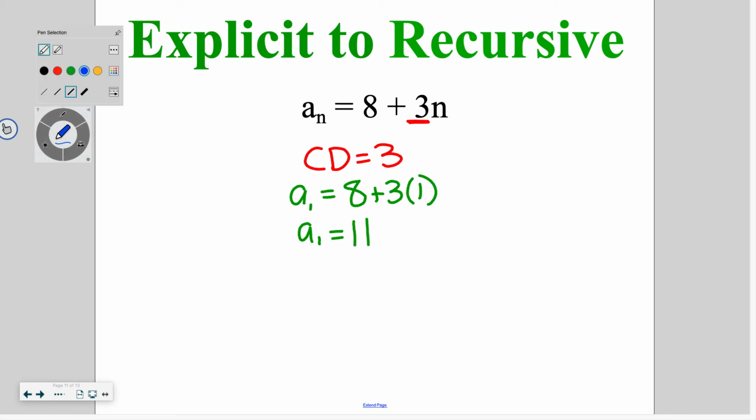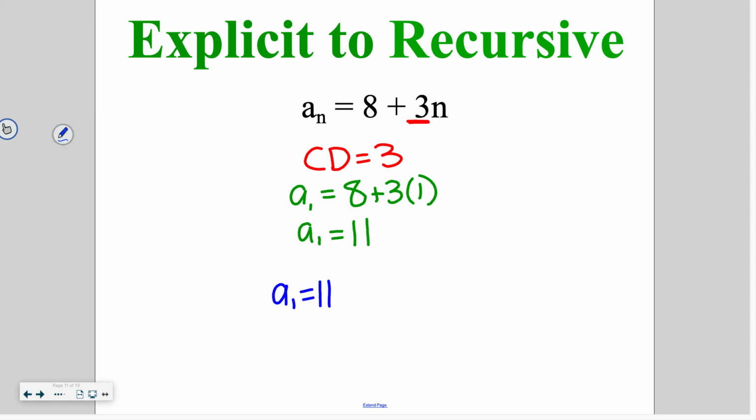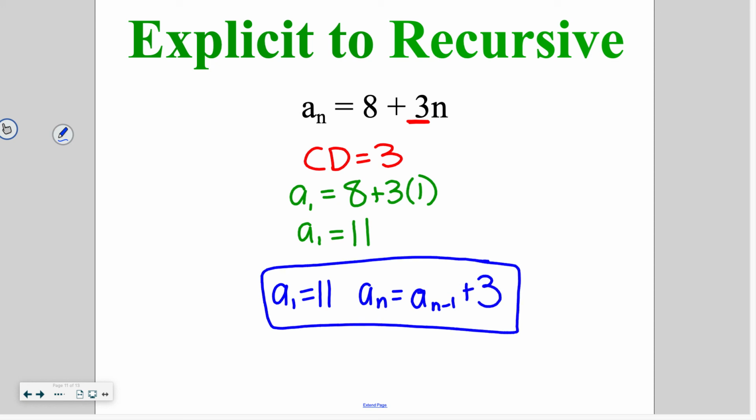So then to write my recursive formula, I would say a_1 is equal to 11, and then a_n is equal to a_(n-1) plus 3, because that's my common difference. So that would be my recursive formula that I was able to get from the explicit formula.